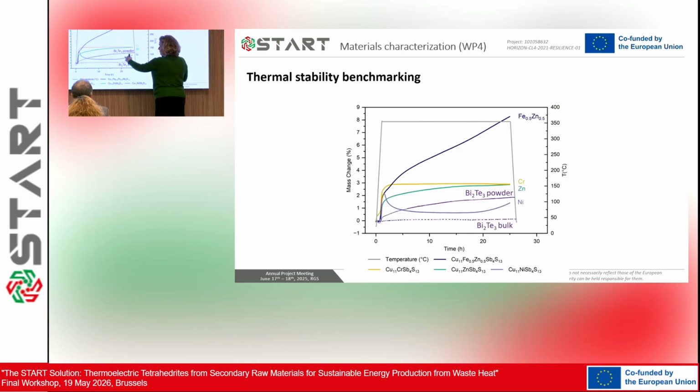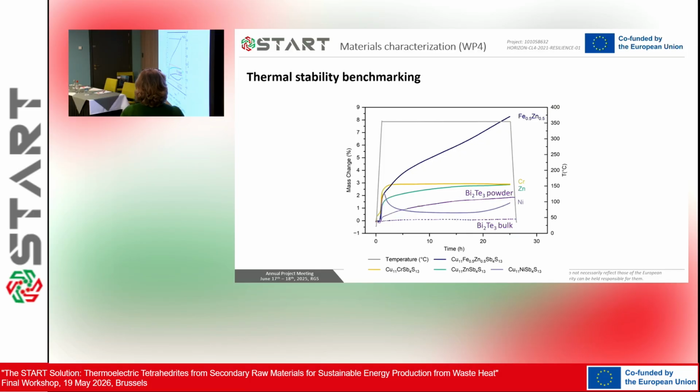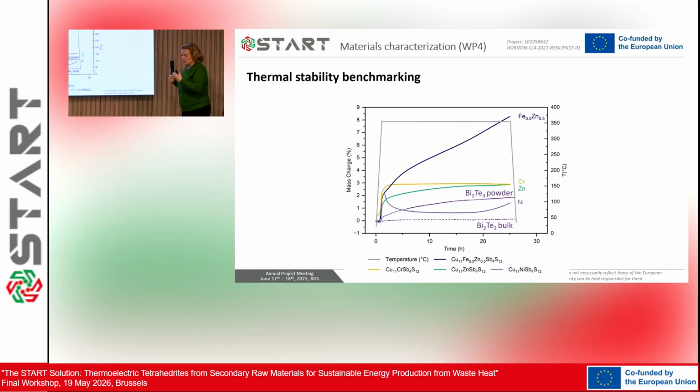In fact, with bismuth telluride at 350, we get the same type of behavior. So this benchmarking is nice because it gives us some confidence that maybe tetrahedrite is a system in which we should invest. The important thing is really to close the pores, because without closing the pores, we don't understand the intrinsic behavior of the thermoelectric. And we are expecting it to be better because the pores should be bad.